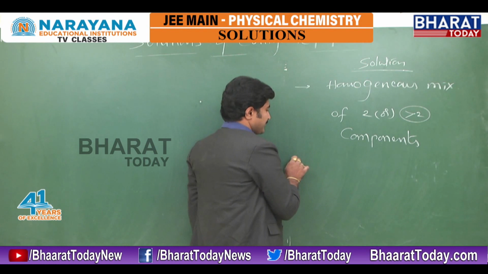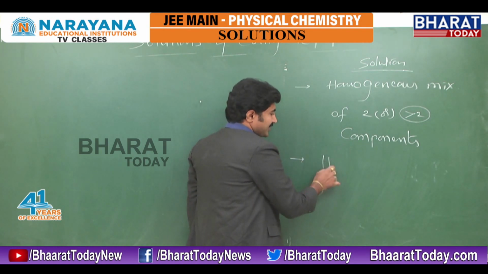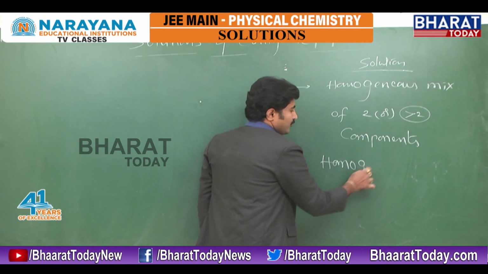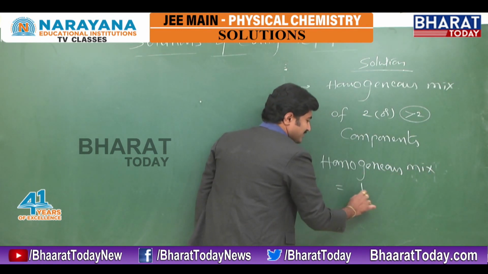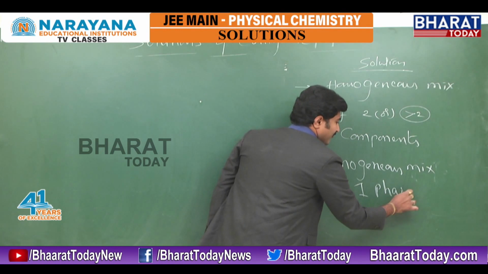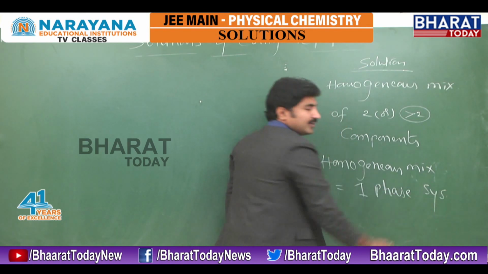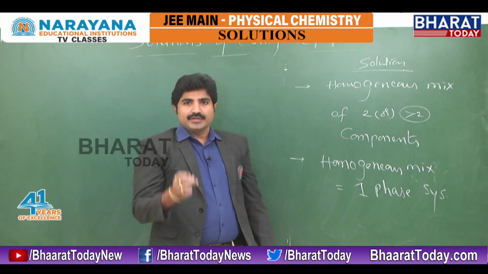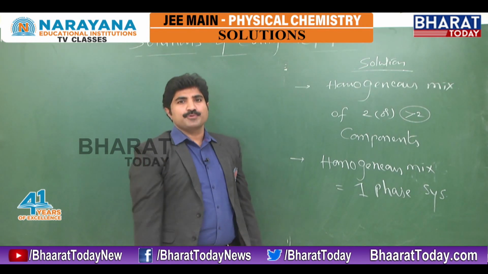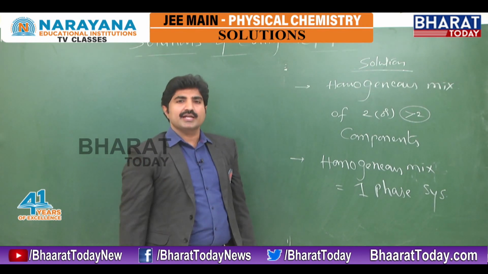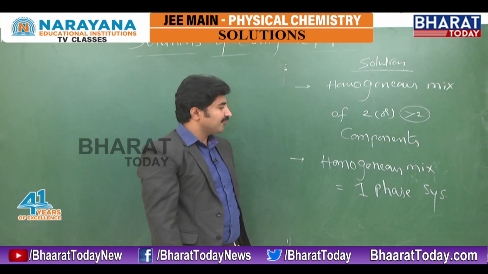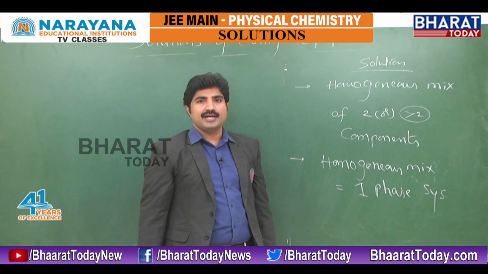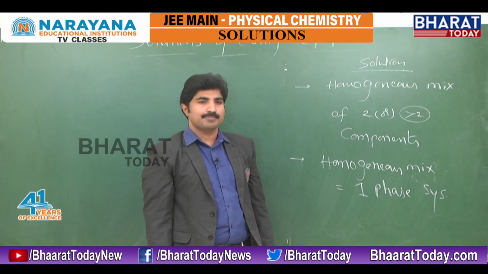What is a homogeneous mixture? A homogeneous mixture means it is a one phase system. It is a homogeneous portion which has identical physical and chemical properties throughout it, and which is physically distinguishable and mechanically separable from other portions.